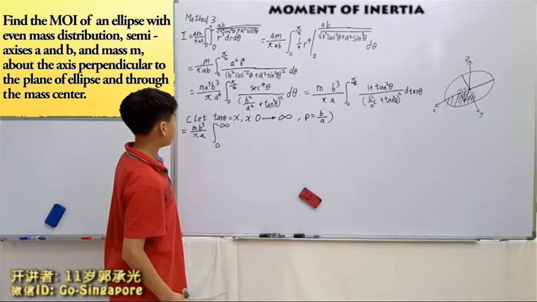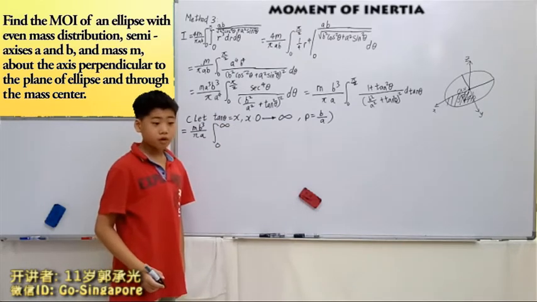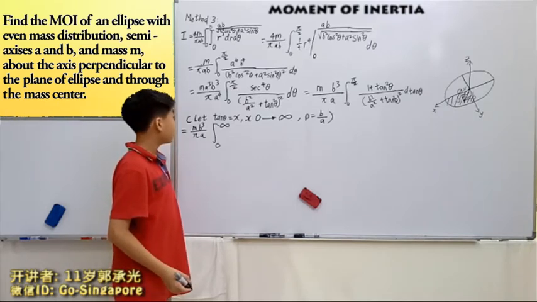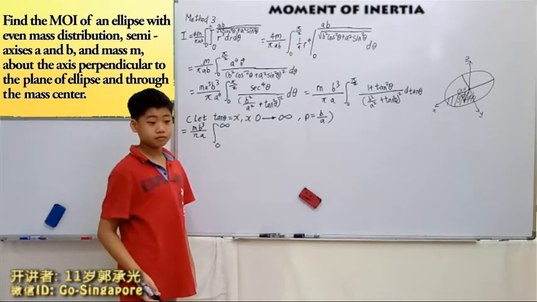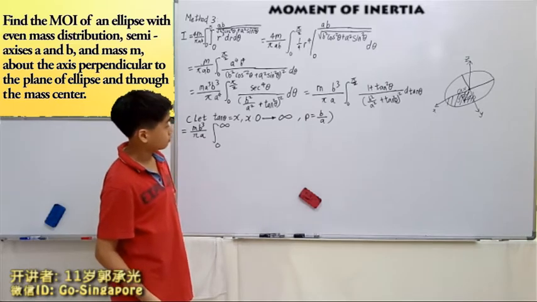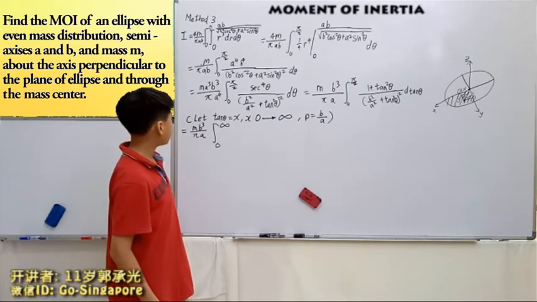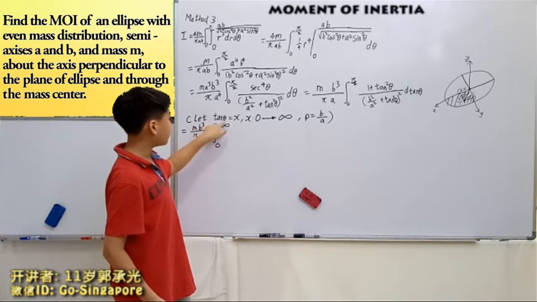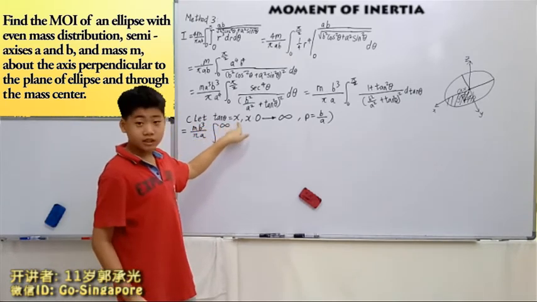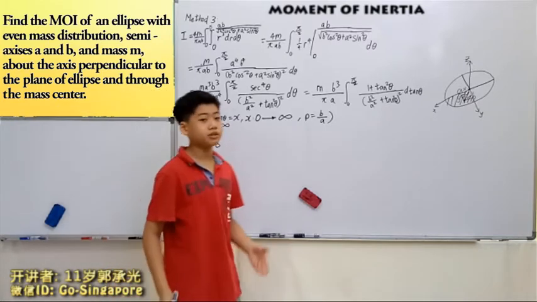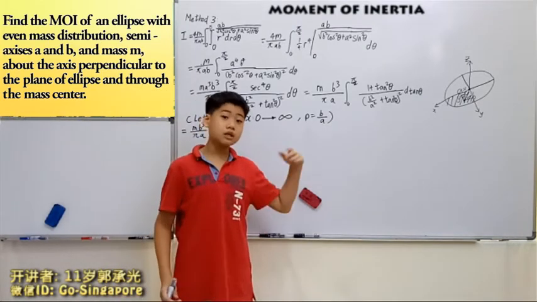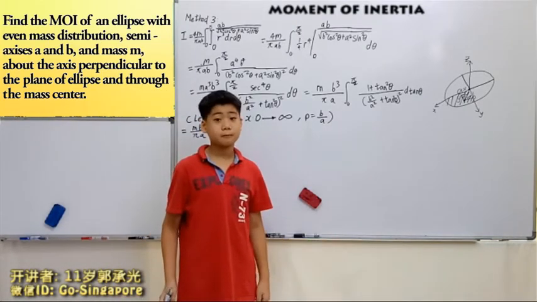But then I realized a problem. How about d theta? Wait a second. If this is a d tangent theta, can we just change it into a dx? So is it true that d tangent theta is equal to a dx?